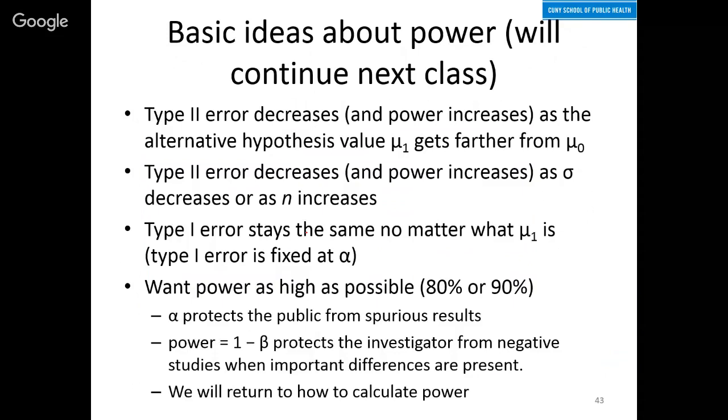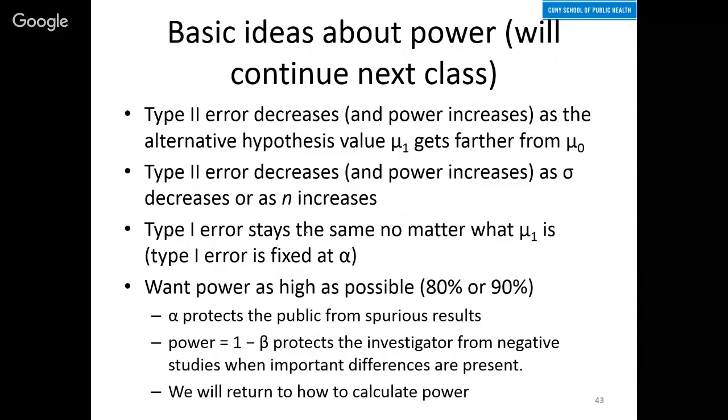The type 1 error, of course, is just fixed because we set that at the very start. And it does, of course, affect the power in that the smaller we make alpha, what is that going to do to the power? So you want to have a very, very small alpha, have very high confidence if you do reject the null hypothesis.